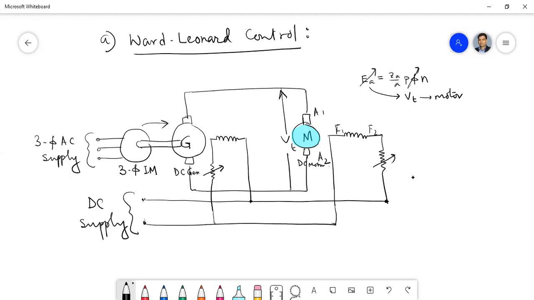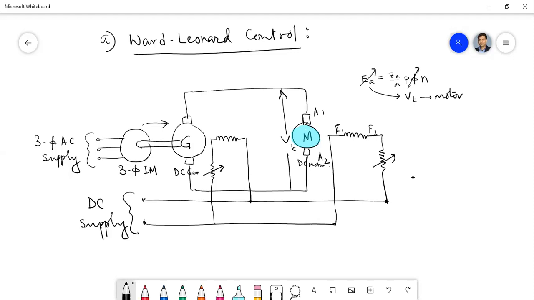Okay, so two additional machines you require to implement. This particular system is advantageous when you have multiple DC motors to be controlled. If you have multiple DC motors to be controlled, then this type of scheme is advantageous.